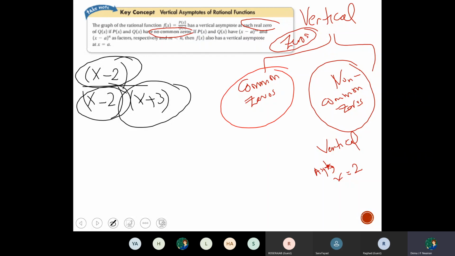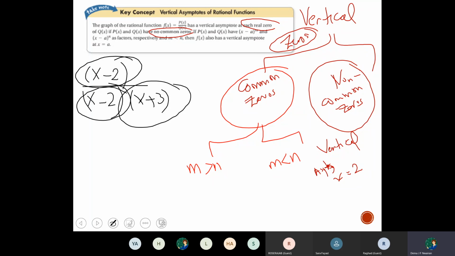If we have common zeros, I have to check two things, the powers m and n. We have two cases: m could be greater than n, and m could be less than n.